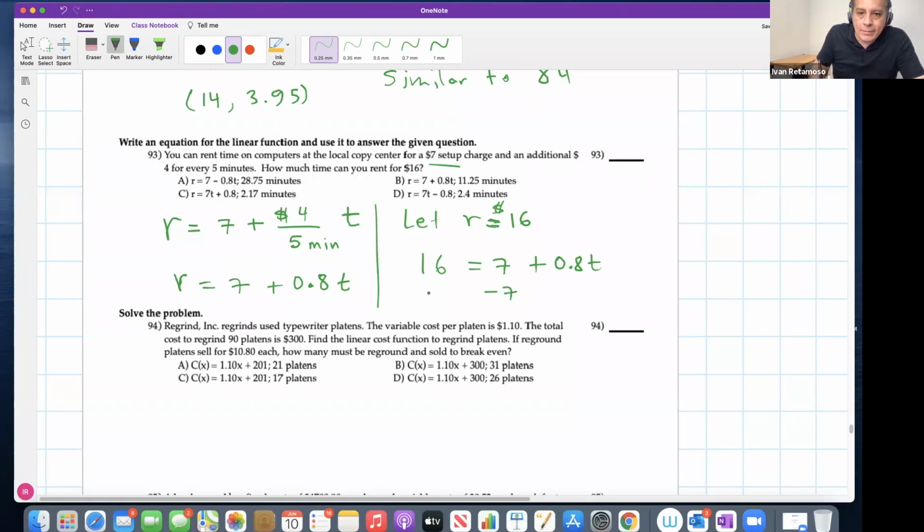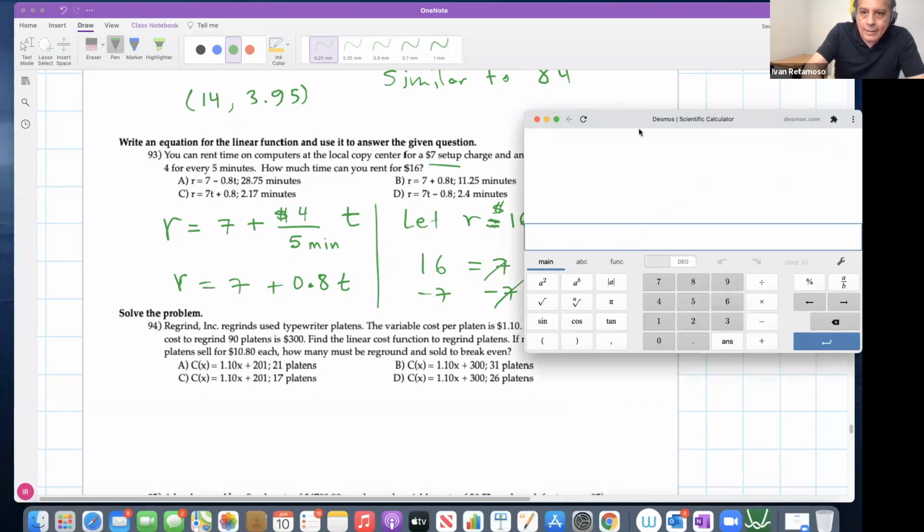So minus 7 here, it's going to be 9 equal 0.8 T. Dividing both sides by 0.8, you're going to get here that T equal how many minutes?